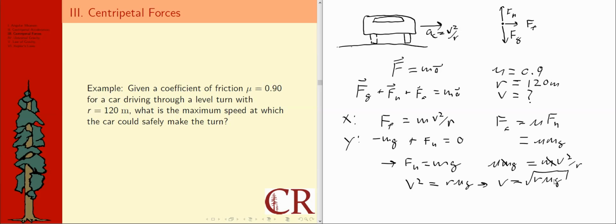The numbers I'm going to put in are the square root of 120 meters times mu, 0.9, a pure number because coefficients of friction don't have units, multiplied by 9.81 meters per second squared.